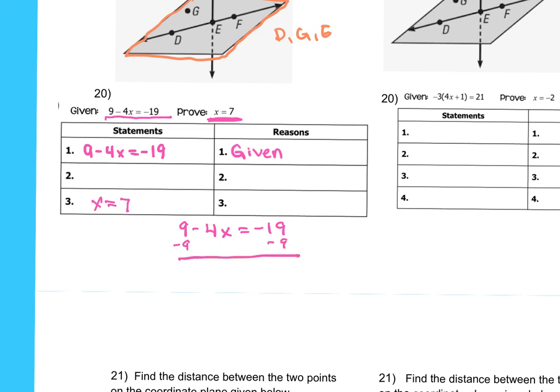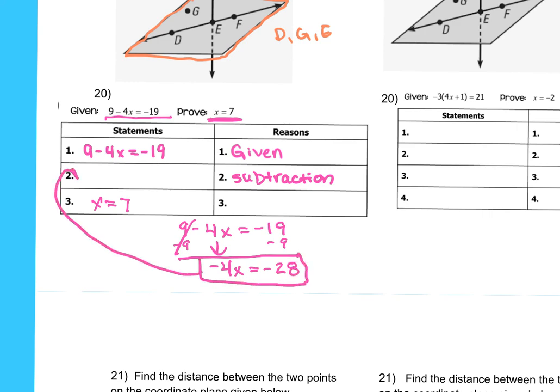When we subtract something from both sides, that is the subtraction property. And using the subtraction property, we get that negative 4x is equal to negative 19 minus 9, which is negative 28. So this part of our statement needs to go up here into the second statement box.